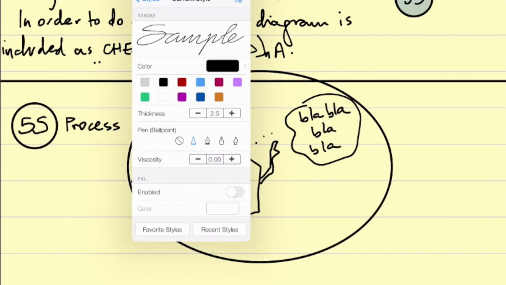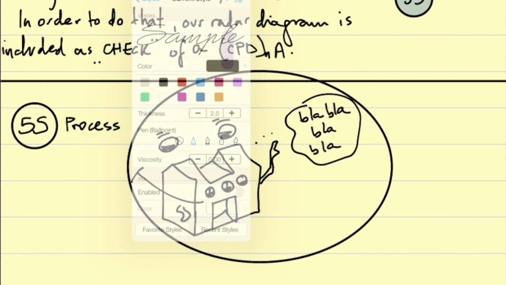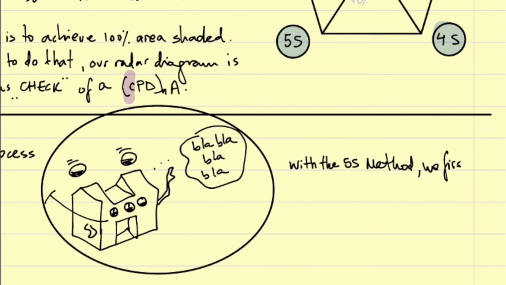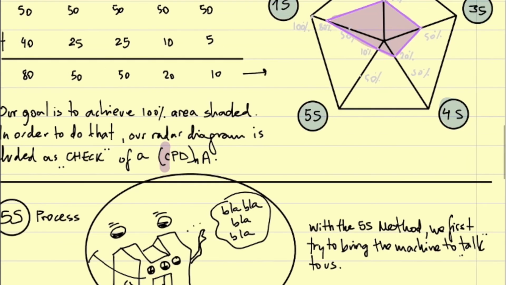So the thing we do with 5S is we first try to bring the machine to talk to us, when we visualize and clean and stuff like that.